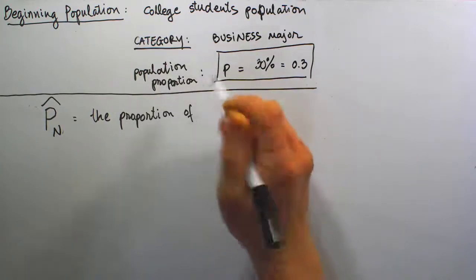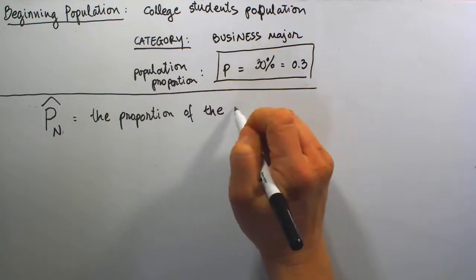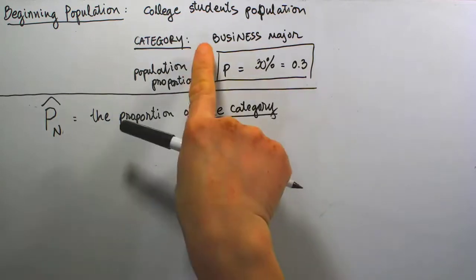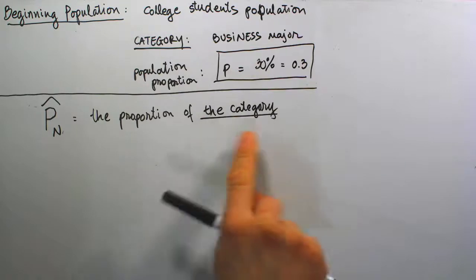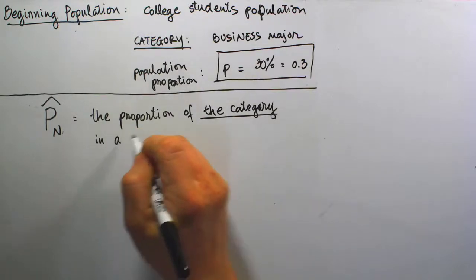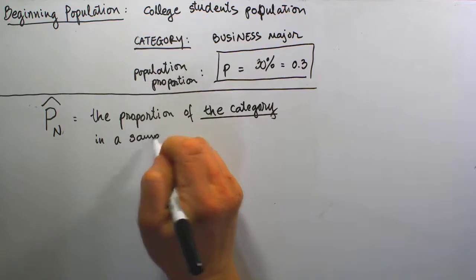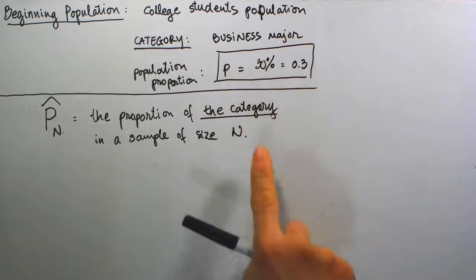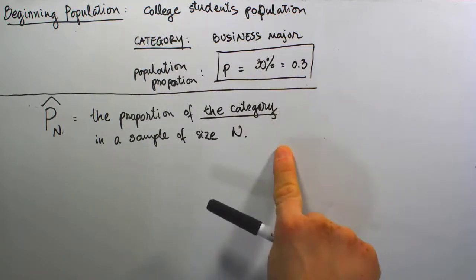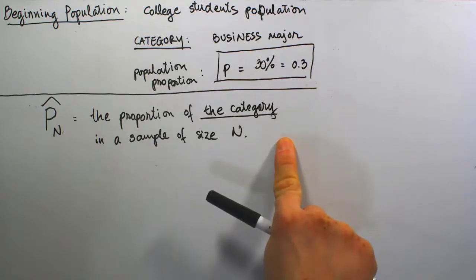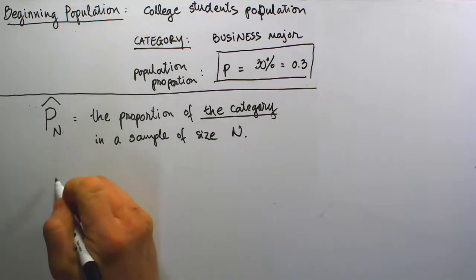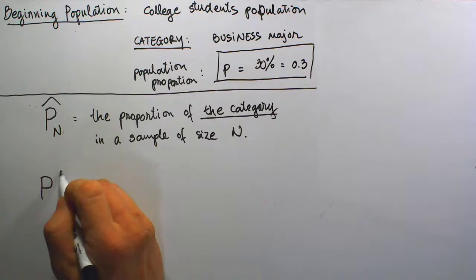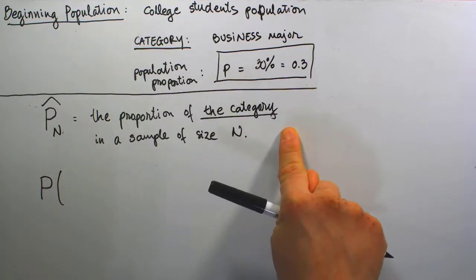of the category, whatever category that we're studying. So the proportion of the category in a sample of size n. And from this realization that we have an entire population of sample proportions here, for this kind of problem particularly we want to find the chance, the probability, because in this distribution there are many sample proportions that can happen.